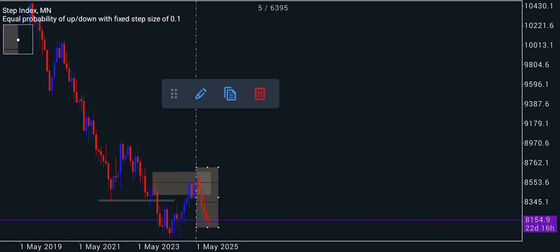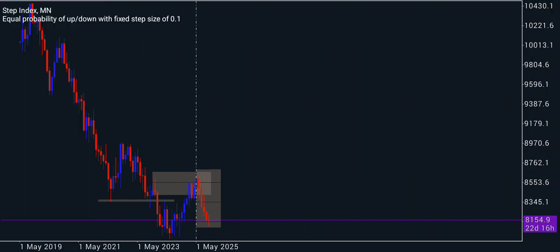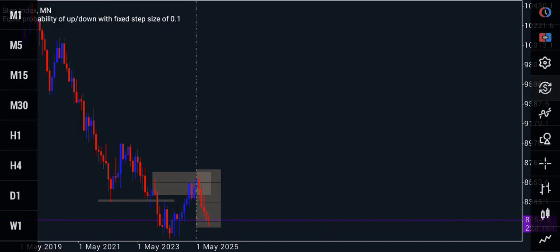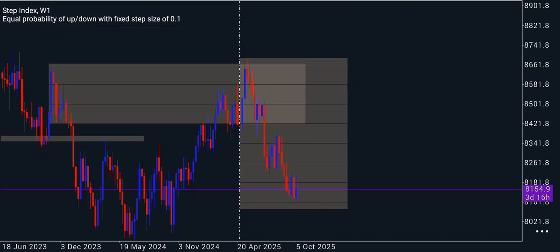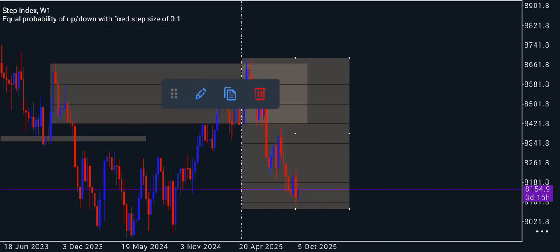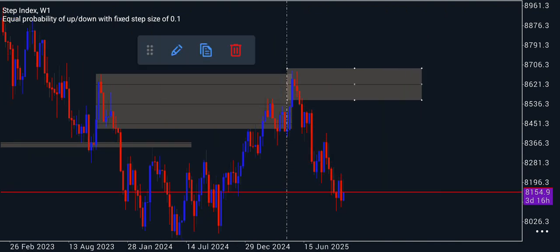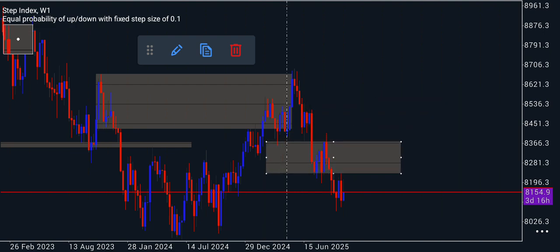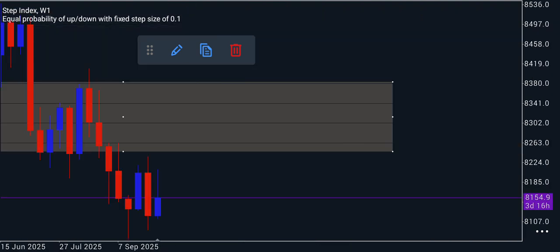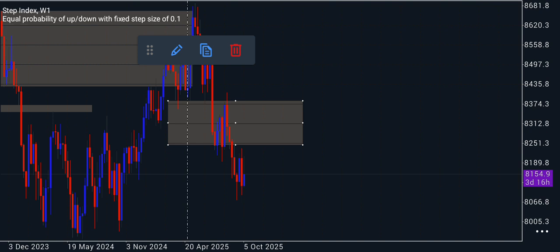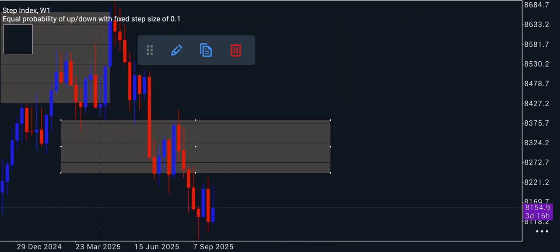So let's go to the weekly time frame and see what the market is doing. Now this is the weekly time frame. We see that market is currently moving to the downside. Here, first structure break.